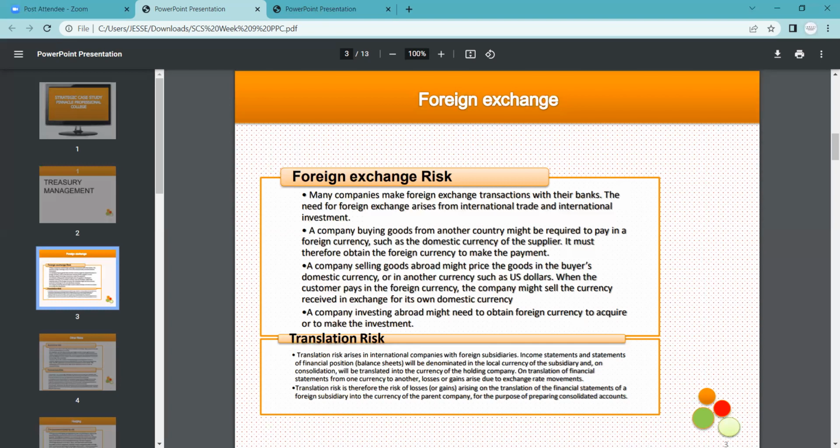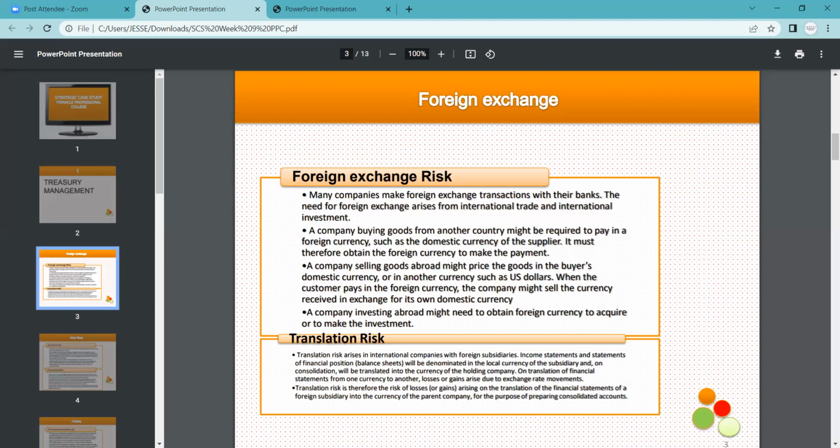Now, let me explain. In this slide, you can see that I said income statements and statements of financial position will be denominated in the local currency of the subsidiary, right? For example, Microsoft has its headquarters in Seattle, Washington, in the US. Microsoft will have different subsidiaries in different parts of the world.